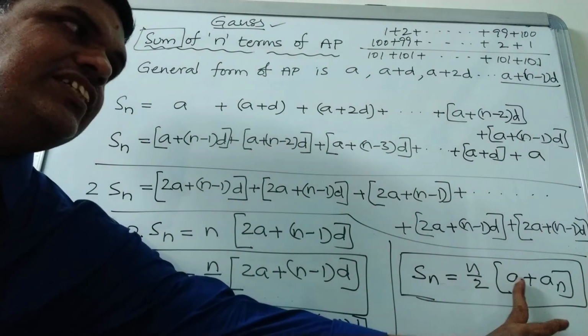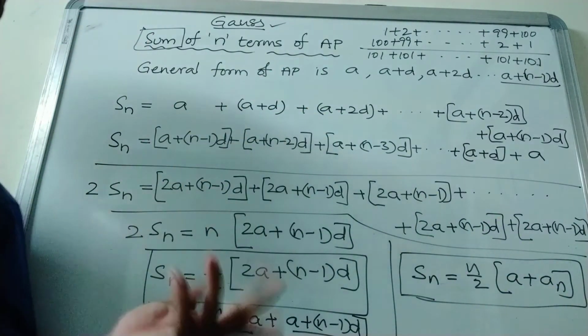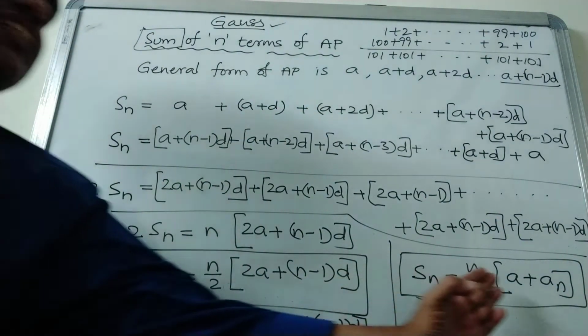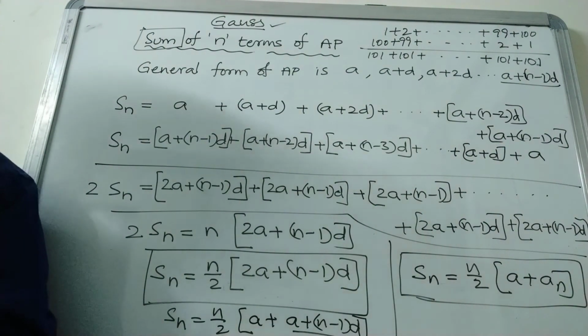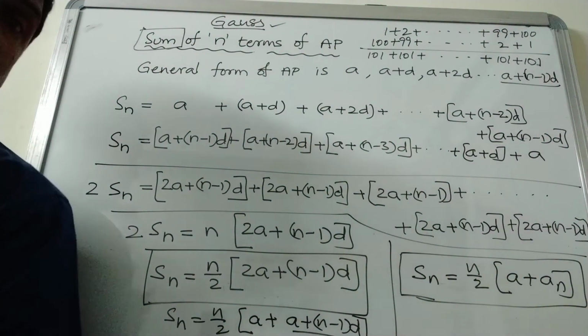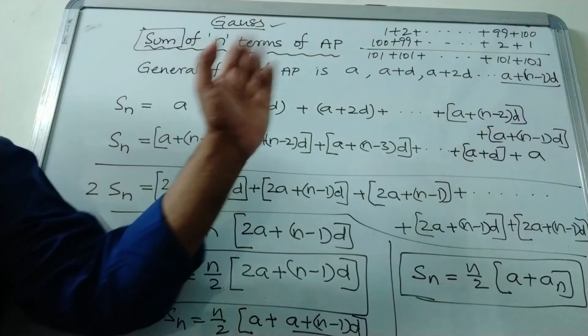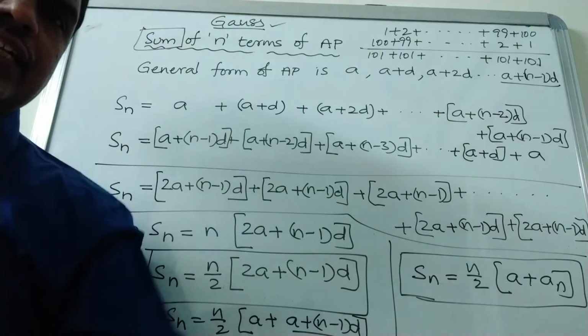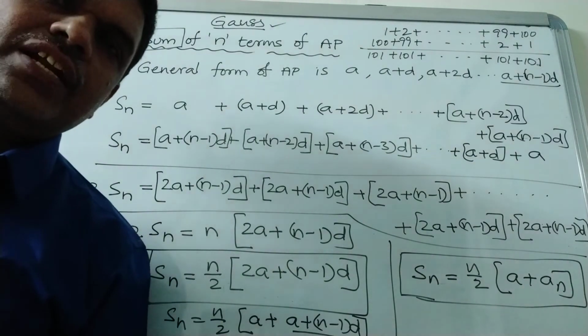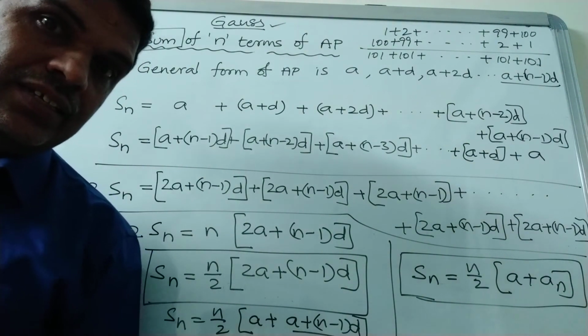That's why I have written a plus an. Because in the new textbooks it is an. In old textbooks, they used to give T1, T2, T3, but here A1, A2, A3 like that.